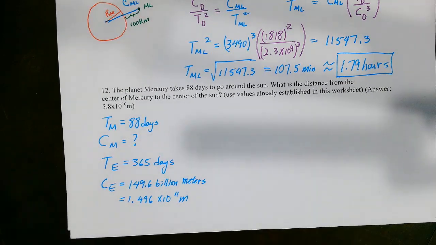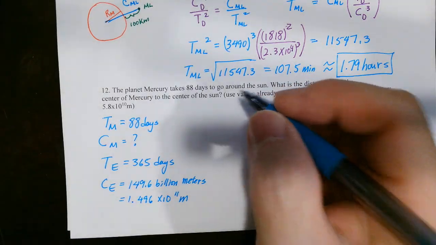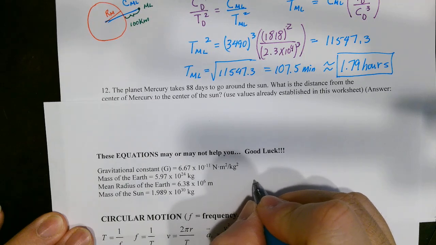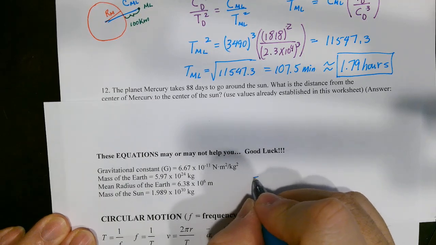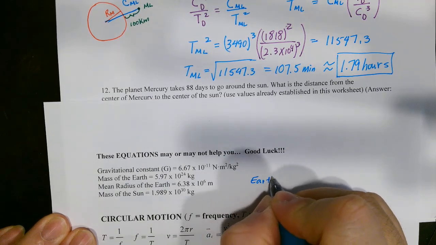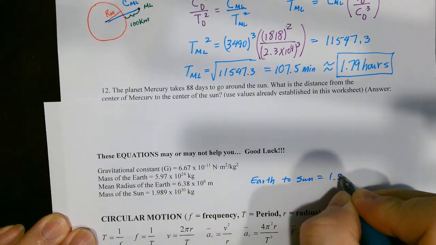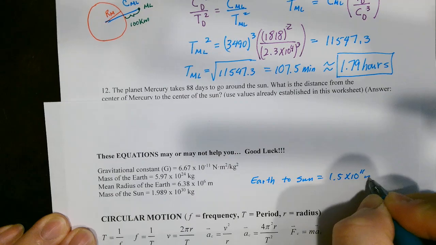All right. So if we know that, maybe we should write that down here, right? Distance Earth to Sun is equal to 1.5 times 10 to the 11th meters. All right.